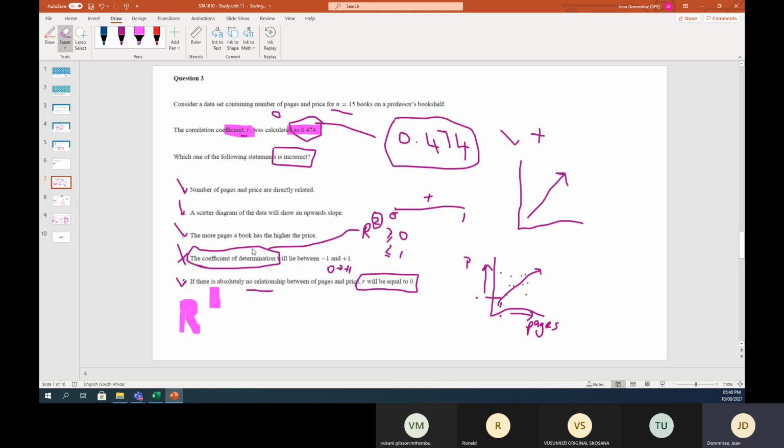They can do it that it is negative 0.474, and then give you an R square that is positive and one that is negative, and you need to decide which one is correct. Remember, just because it's to the power of 2, that negative will always change into a positive. So your R square can only be positive, like we said there.